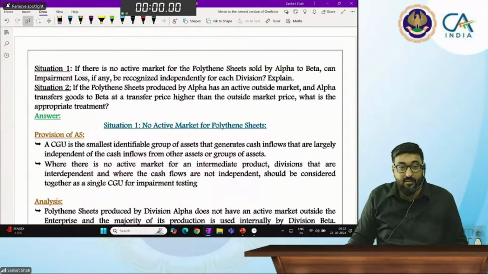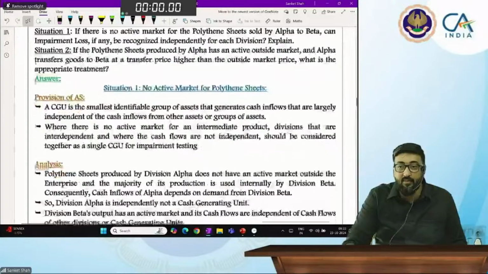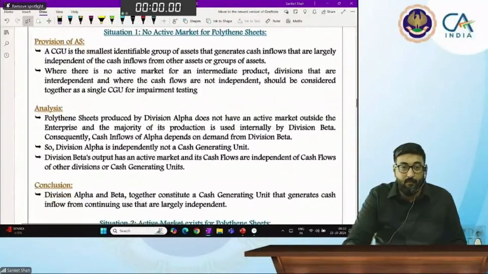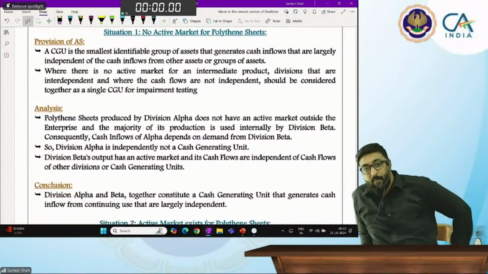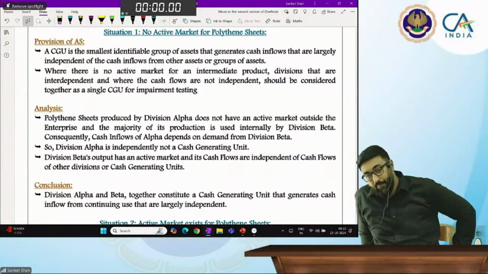Yes. Let's read the answer. Situation 1, no active market for polythene sheets. Provision of AS: A CGU is the smallest identifiable group of assets that generates cash inflows that are largely independent of the cash inflows from other assets or group of assets. Learn this line by heart and answer me.